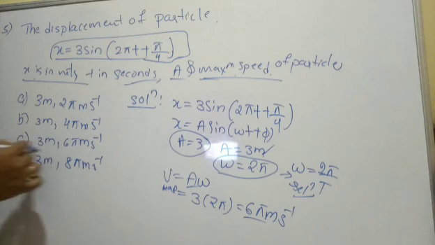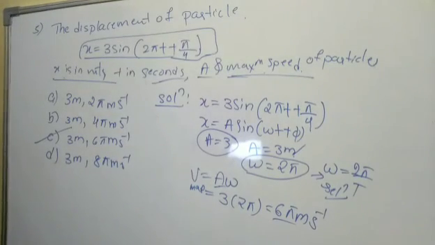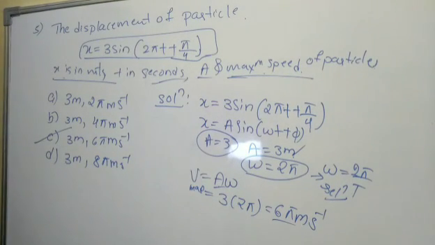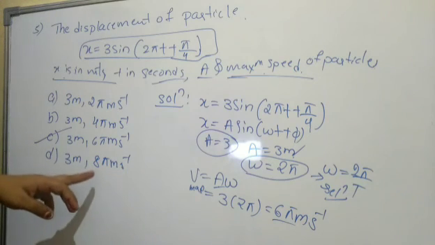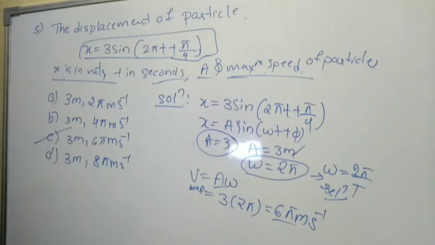In this, which is the correct option here? The third option is the correct one, because the amplitude is 3 meter, and the maximum velocity or maximum speed of a particle executing simple harmonic motion is 6 pi meter per second. So this is about some questions. We'll discuss some more questions in the upcoming classes.